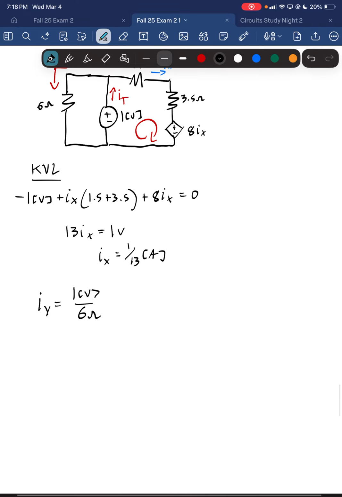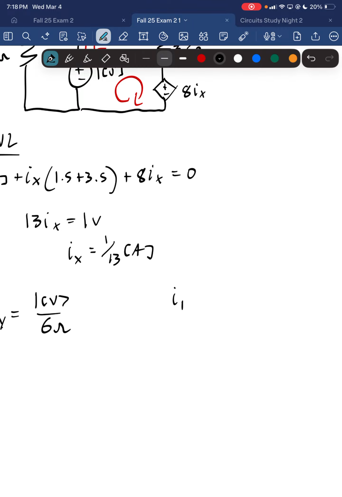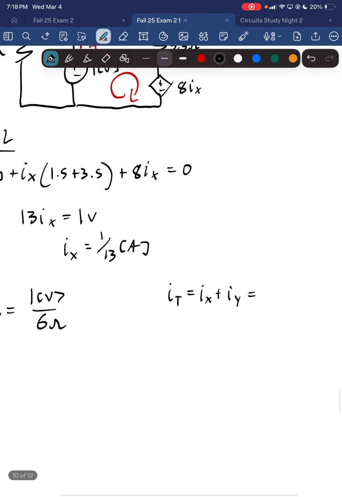So Iy is equal to 1 volt over 6 ohms, and Ix is equal to 1 over 13 amps. And so we can say that IT is equal to Ix plus Iy, which is equal to 0.2436.